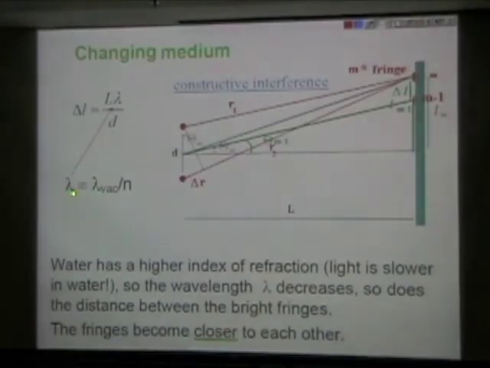The new wavelength in the medium equals the wavelength in the vacuum divided by the index of refraction of the medium, and n is always greater than 1. So in the medium, lambda is always smaller than in the vacuum. You decrease this variable, you decrease the angle, you decrease the spacing between the fringes, so the pattern shrinks. Any questions?